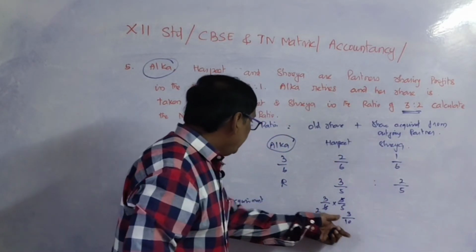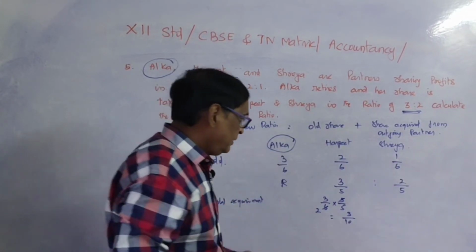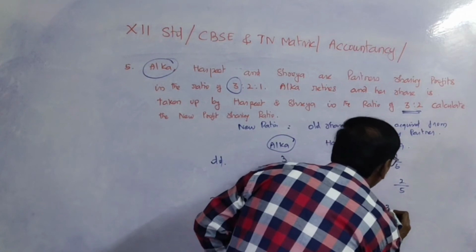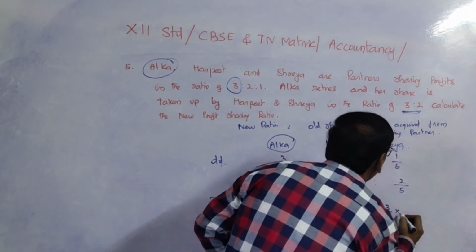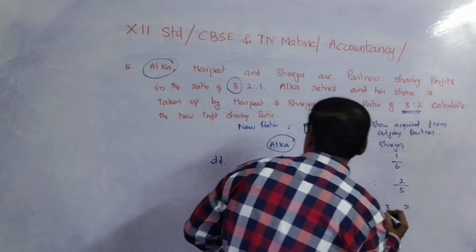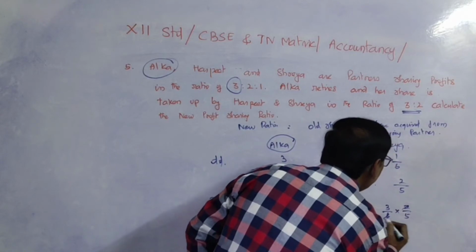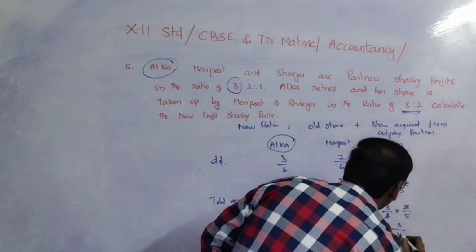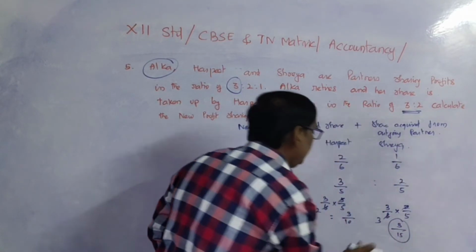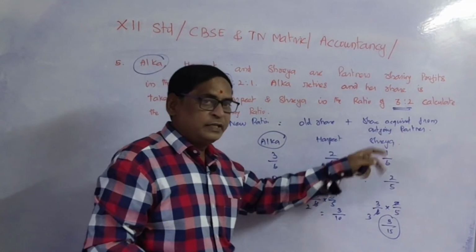So 3/10 of Alka's share is acquired by Harpreet. That is the meaning. And then here also 3/6 is Alka's share. But Shreya, how much is she taking? 2/5. So here also 3 times, so 3/15. That much portion will be taken from Alka for Shreya.